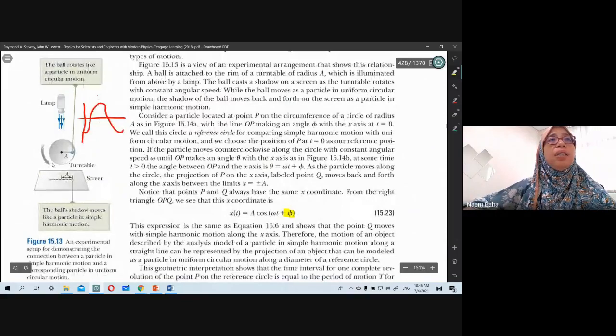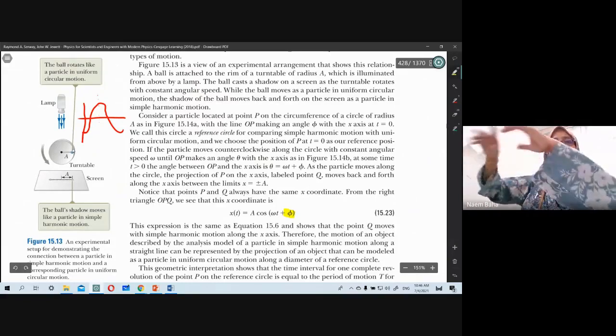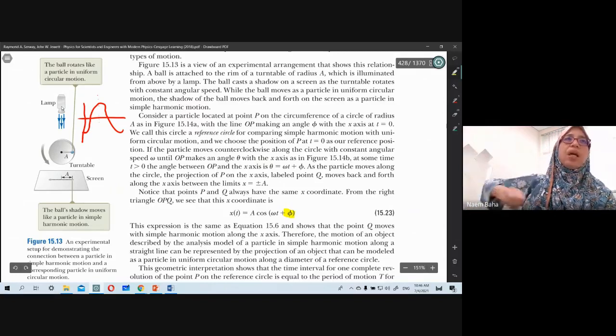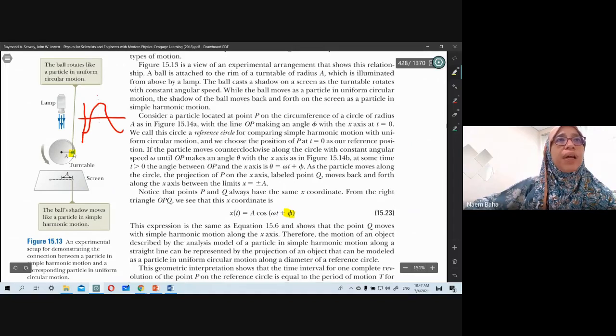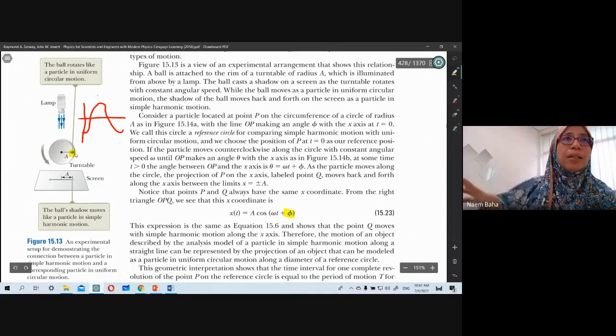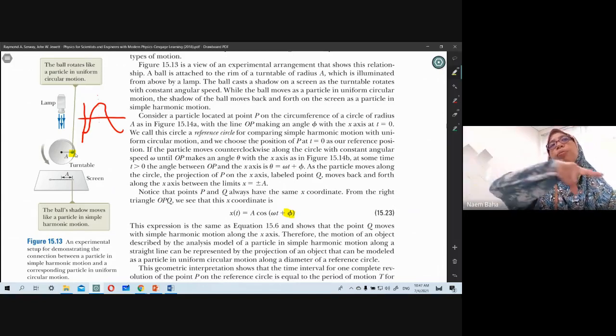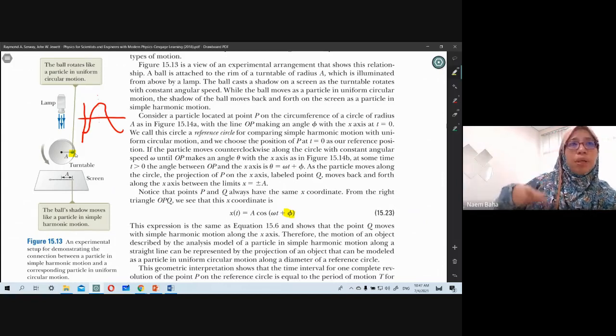Alright, this is a situation where there is this turntable. Turntable means it's able to rotate, but in a vertical motion. And then there was this light up there shone onto this turntable. And at the end of the circumference, they embed a ball, and therefore there will be a shadow portrayed on the screen on the table, and you will be able to see the movement of the shadow to the right, to the left, to the right, to the left, mimicking simple harmonic motion.